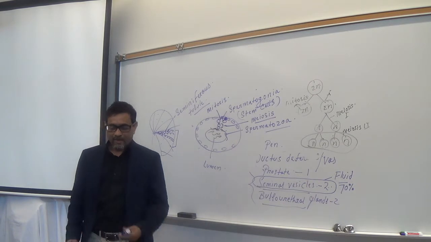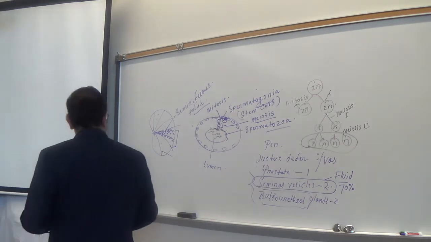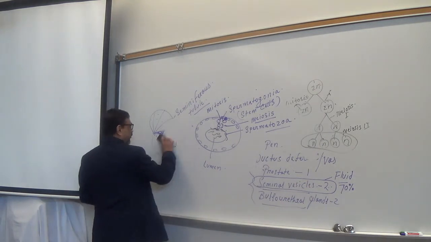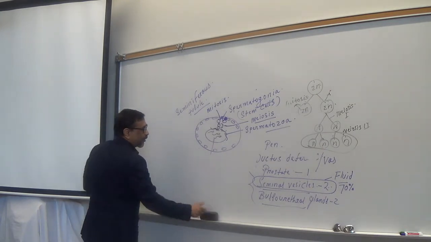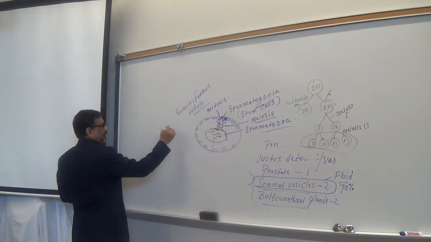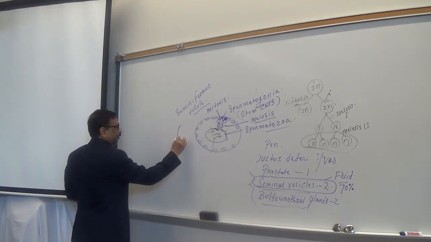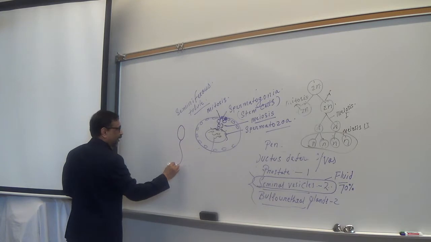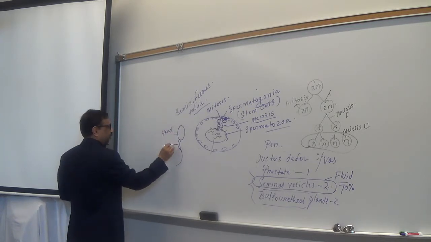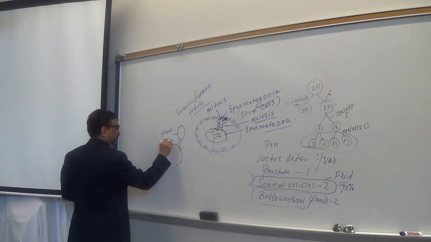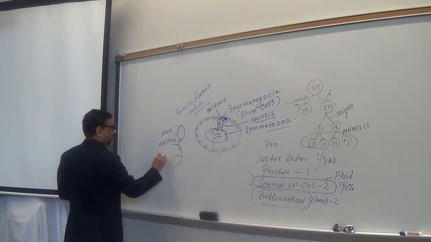Now, the number of sperm is very important. If you see the structure of a sperm, it has 3 parts. This part is called the head, this is called the body or middle piece, and this is the tail.